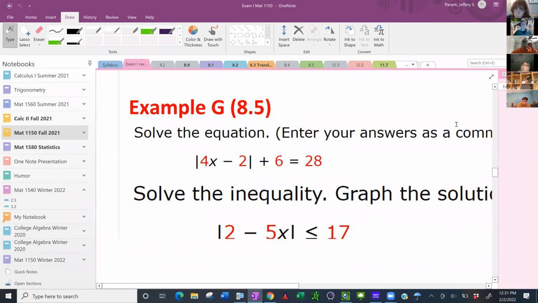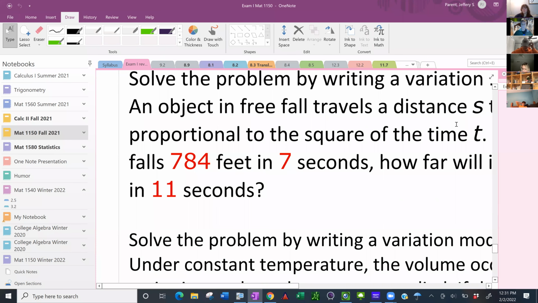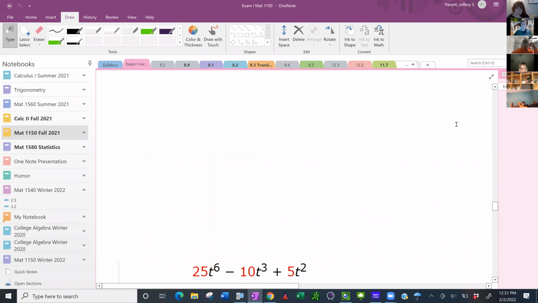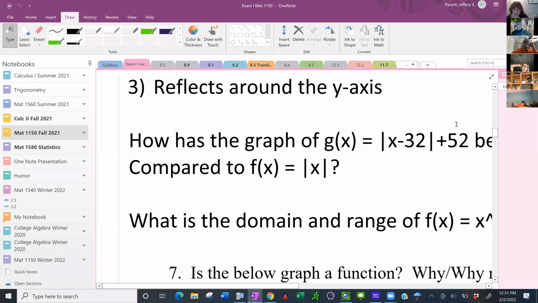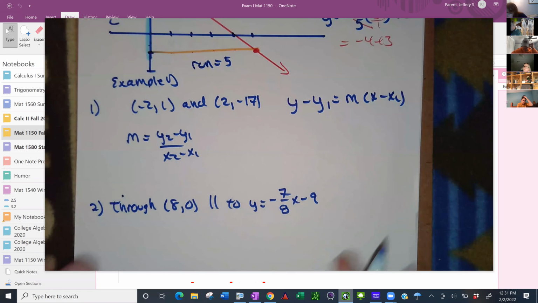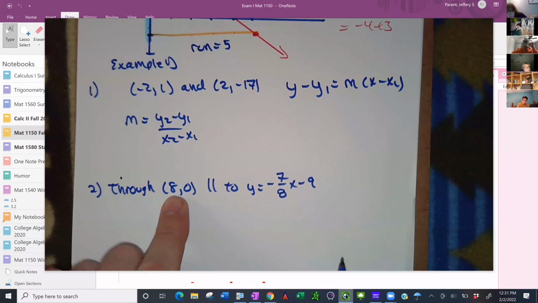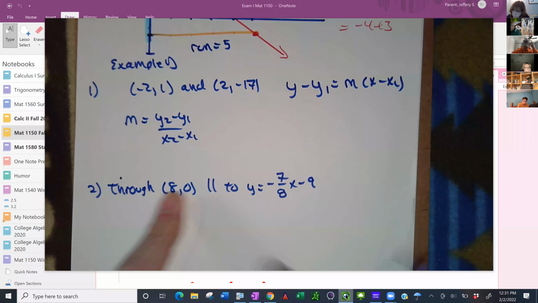Let me see where it is. It's in here someplace. Where did it go? All right. Well, regardless of the fact that I can't find it, let's find the equation of the line through this point, and these double lines here are just my shorthand notation for parallel. Parallel to this line.